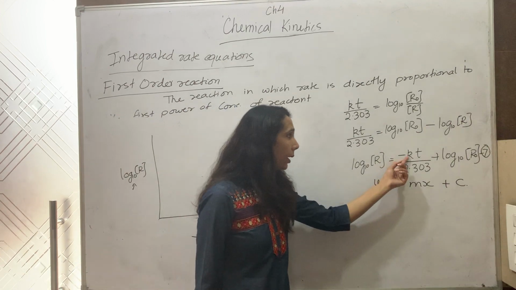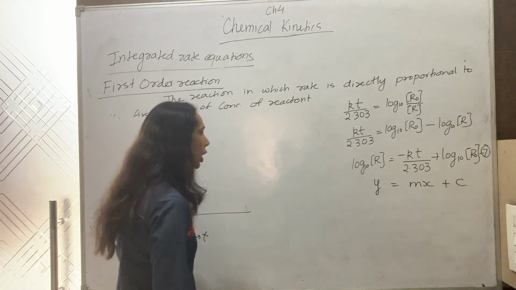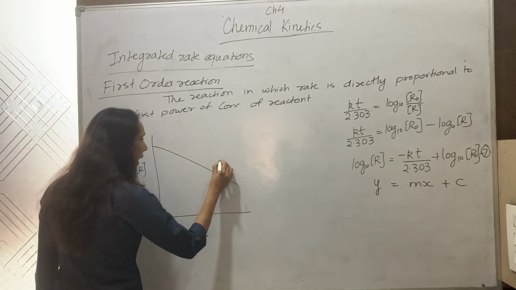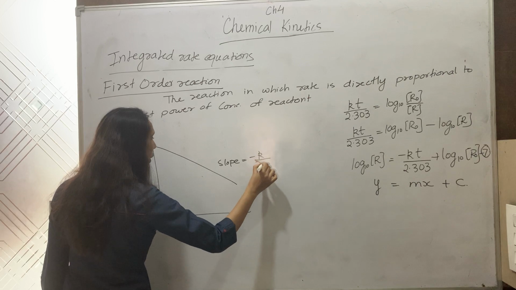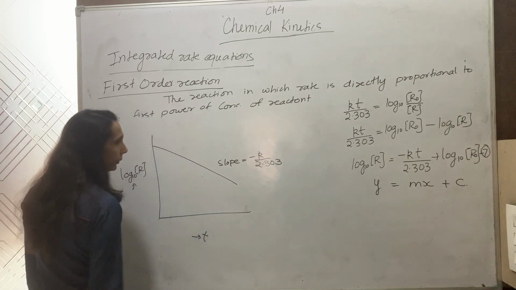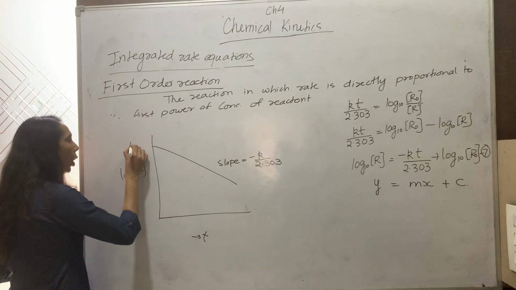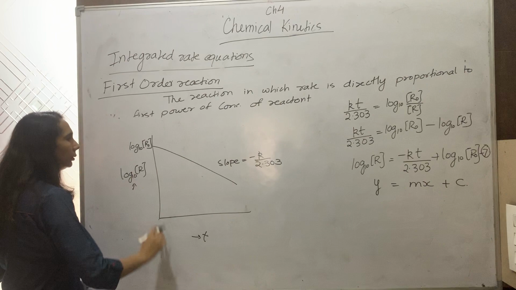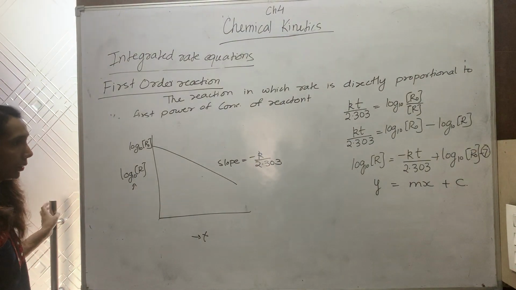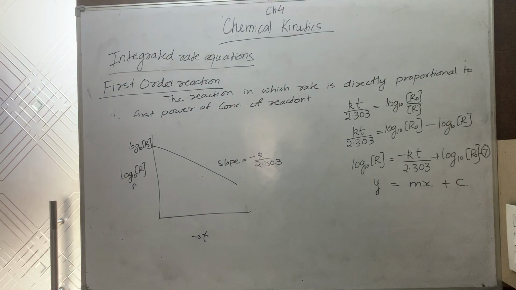You can see the slope is negative and this is the intercept. Slope here is equal to minus k upon 2.303 and the intercept is log to the base 10 R naught. So this is how we make different graphs for the first order reaction.